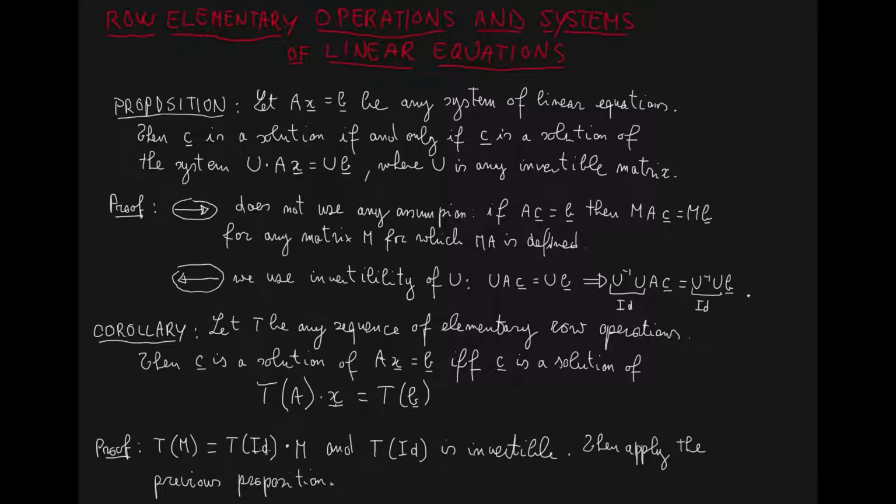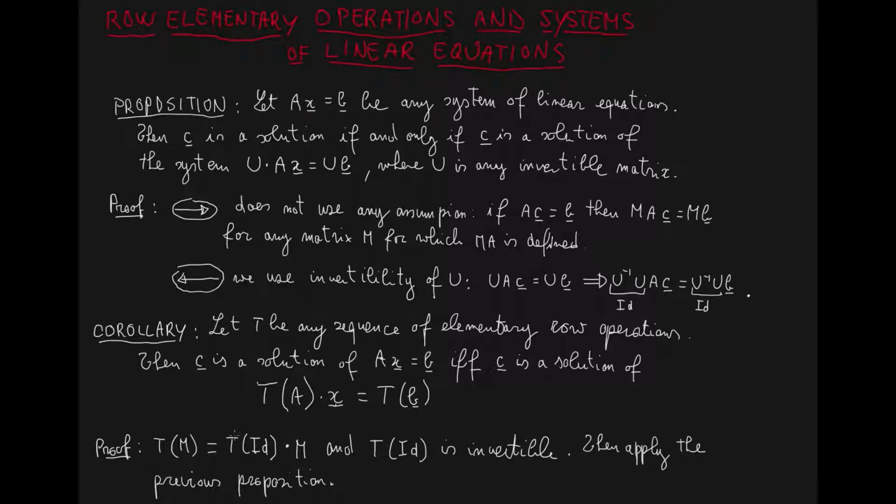It is the identity matrix to which we apply the sequence of row operations T. If we apply T to the identity matrix, we get an invertible matrix. This can be easily shown, since T is a sequence of elementary row operations. Therefore, we can apply the previous proposition and conclude that T of A is equal to the invertible matrix T of identity times A. So it is a particular case of U times A, where U is T of the identity.